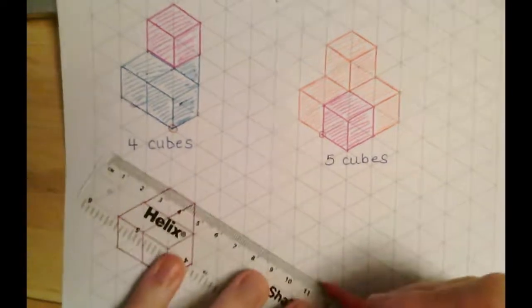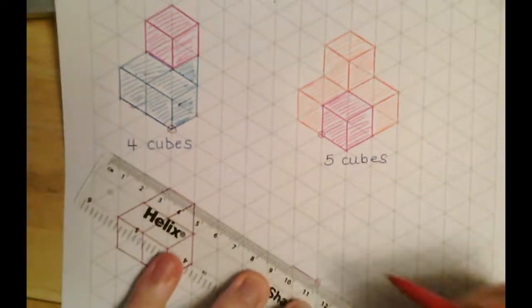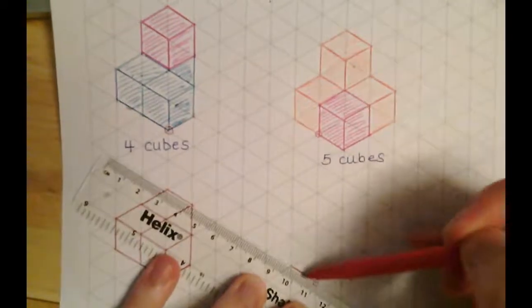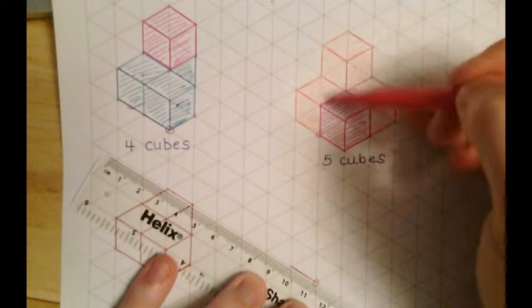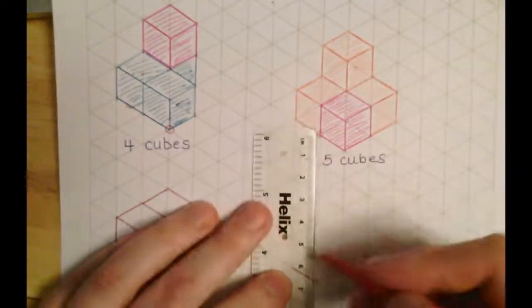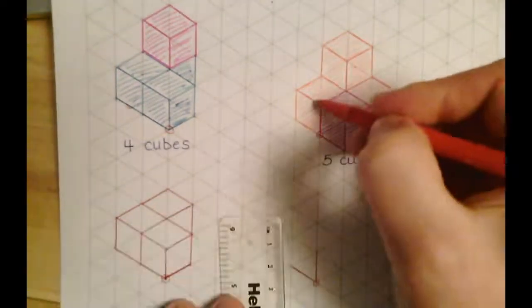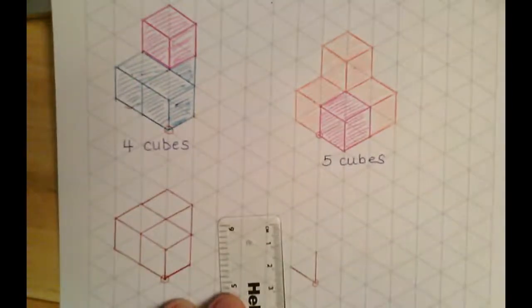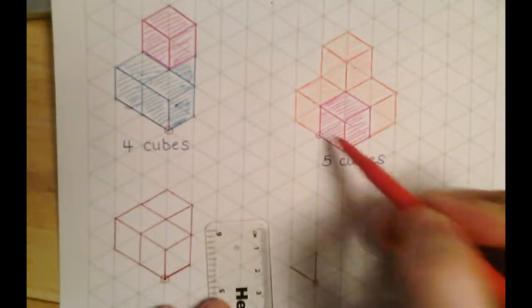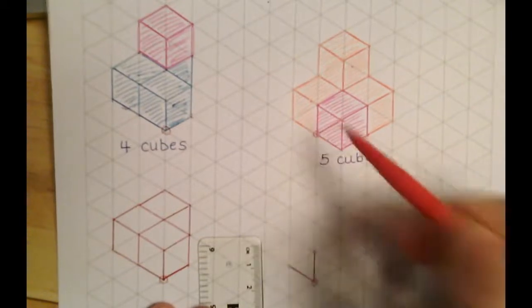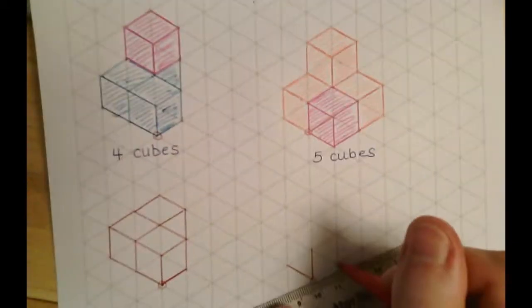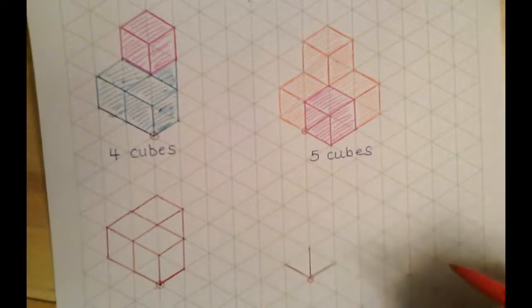So that line that I've just drawn, this bit here, represents this part. The one going up, which is on the side of this cube, is there. Now, the line that I can't see on the original one, this one here, is going to be there.